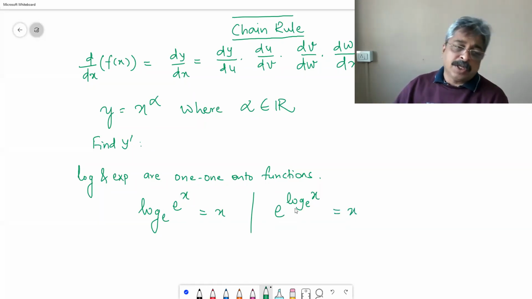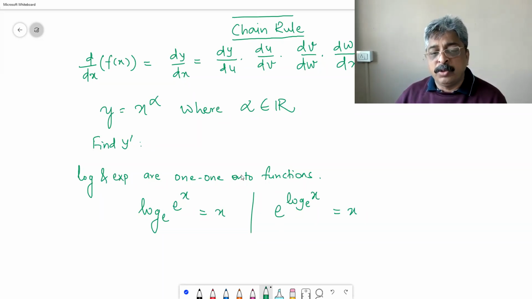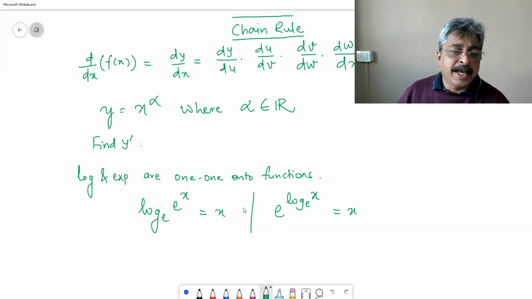Why is it happening? Because they are inverses of each other. Both are one-one, and therefore if you operate one followed by the other, you end up where you were, so you end up getting x.